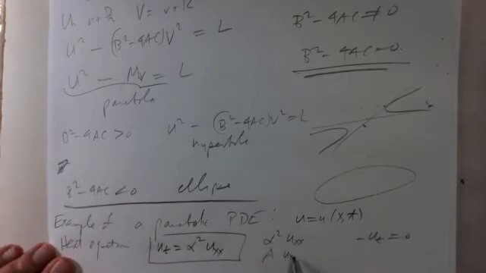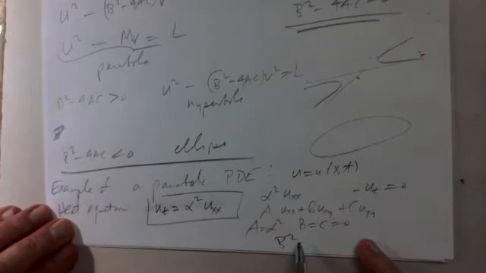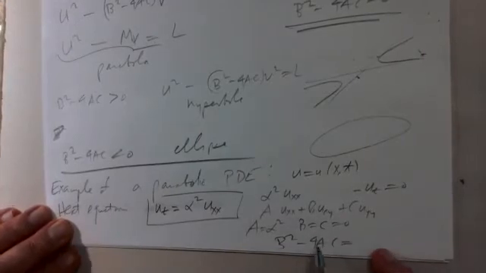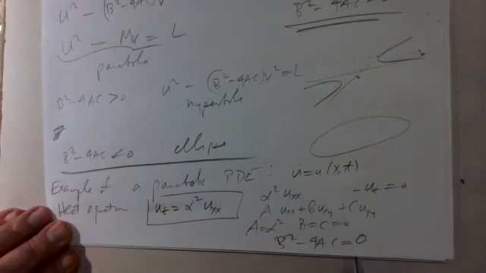If you think of the standard form a uxx plus b uxy plus c uyy, a is equal to alpha squared, b and c are 0. So b squared minus 4ac is 0. So this is parabolic. So this, what is called the one-dimensional heat equation, is an example of a parabolic PDE.